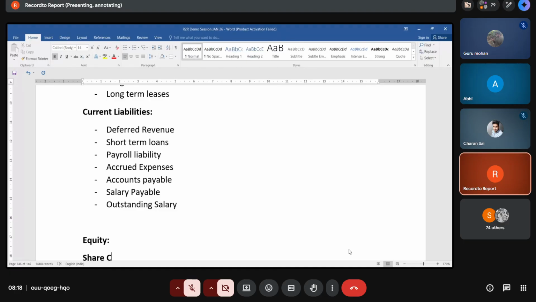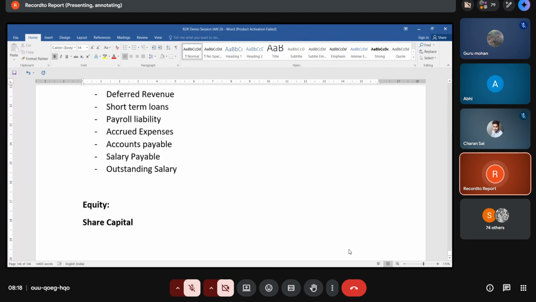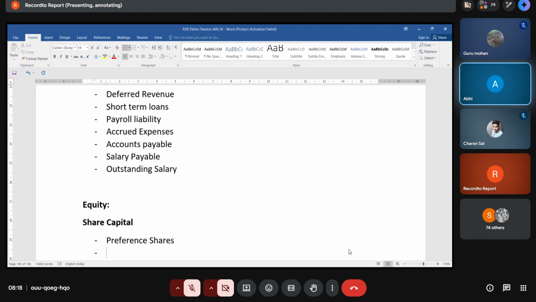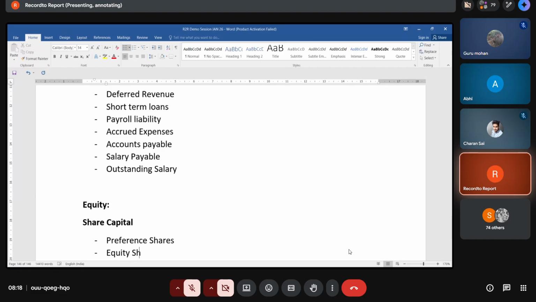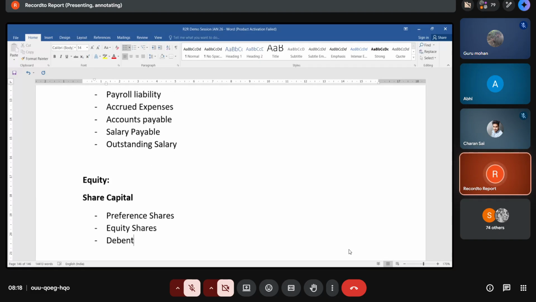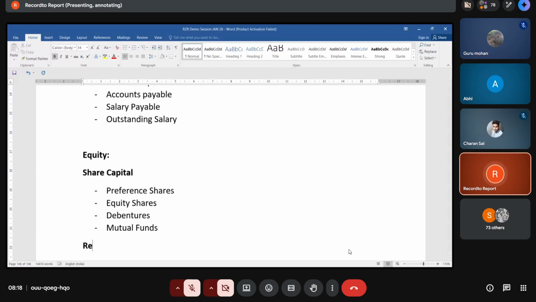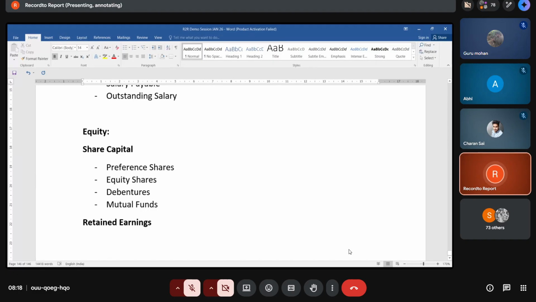Share capital is again divided into various things. What are the different types of shares we have, guys? Preference shares, equity shares, debentures, mutual funds. Apart from this, we have retained earnings in the equity, guys.